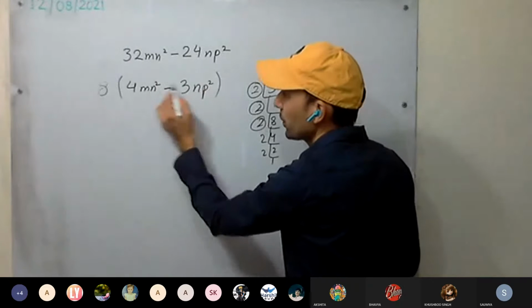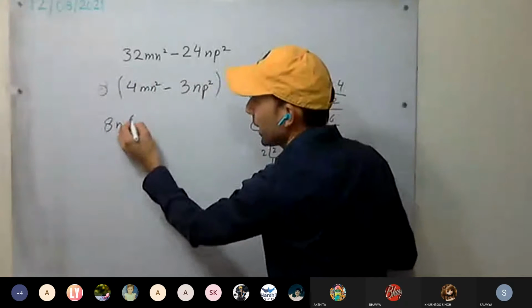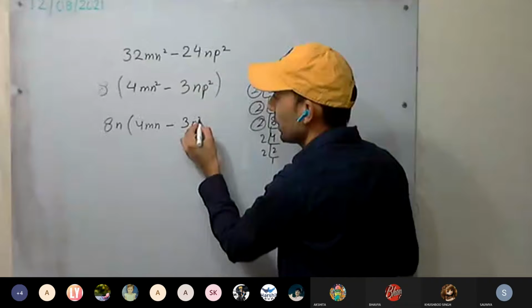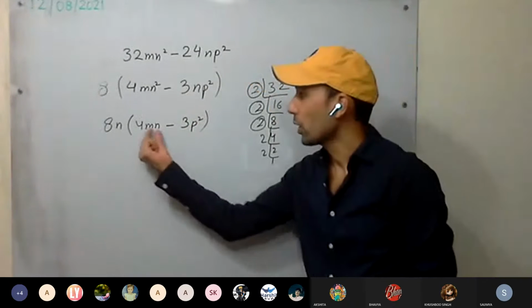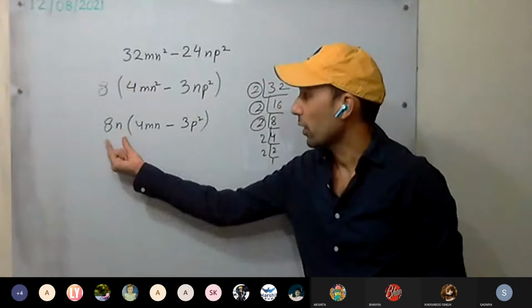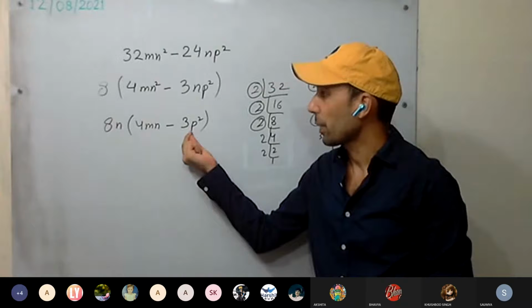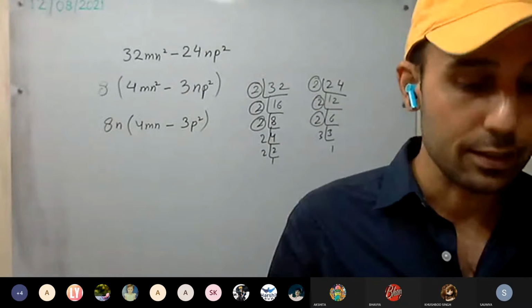Now see, what is common between them? n is common. So take n out as well. 8n times 4mn minus 3p square. All the common we have taken out. Now what are the factors? 8 is a factor, n is a factor, and 4mn minus 3p square is a factor. We have factorized it.